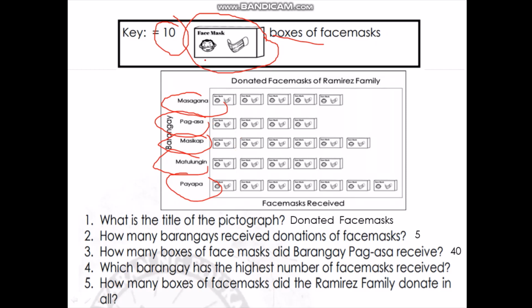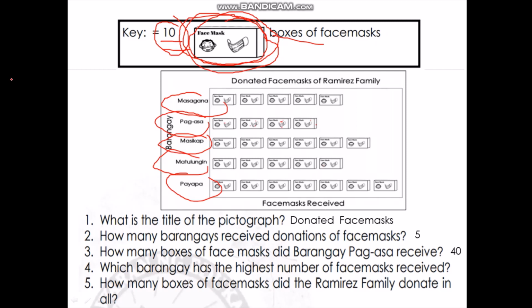Why not 4? 40 because we said earlier that the key here is that one picture of a face mask is equal to 10. So, if Pag-asa received 4 pictures, it means it's equal to 40, because 10 plus 10, 20. 20 plus 10, 30. 30 plus 10, 40. So, the correct answer is 40.